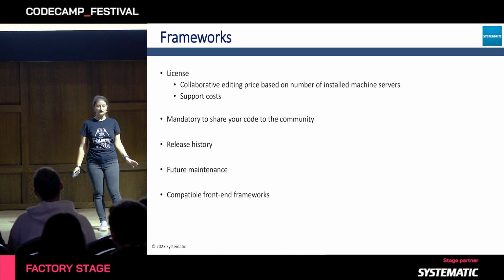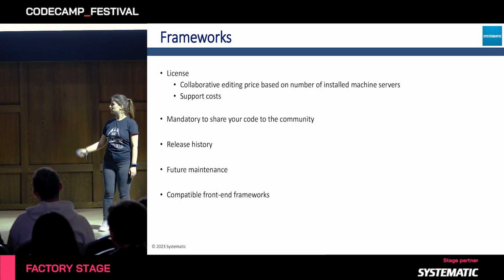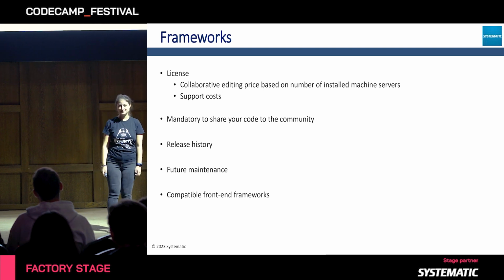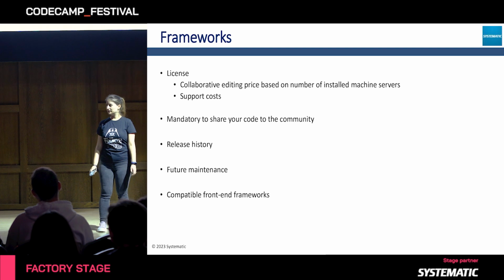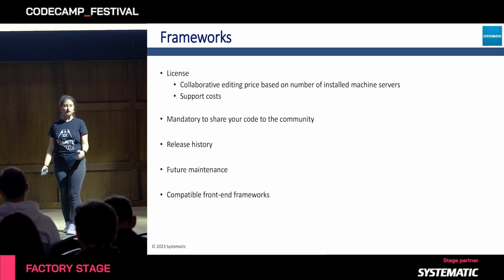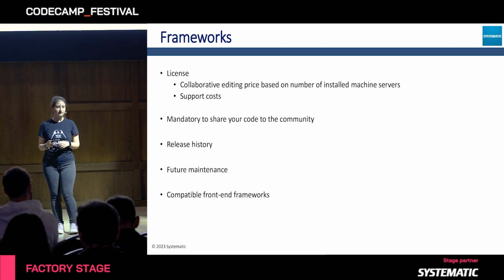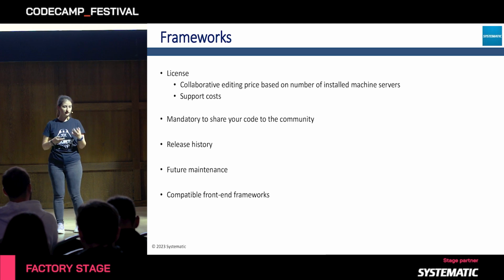We said no from the start to frameworks that haven't seen an update in 2 years, because that means nobody maintains that. We looked at the release history, we looked at the roadmap, how many releases we get per year. If we're gonna pay for a framework, do we get any support for that? Upgrades and so on.